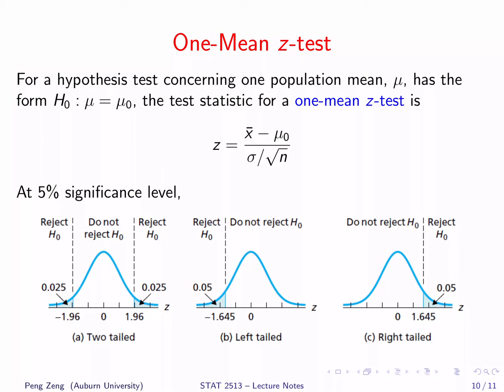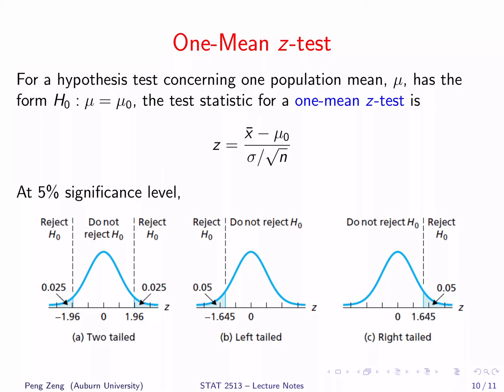The test statistic is exactly the z-score, or x bar minus mu0 divided by sigma over square root n. If we set the significance level at 0.05, the critical value can be found according to the different alternative hypotheses.